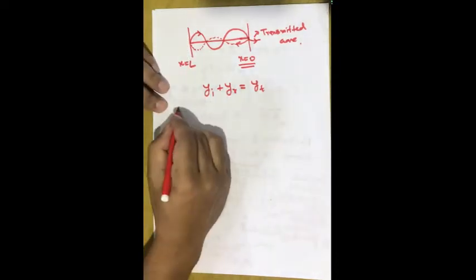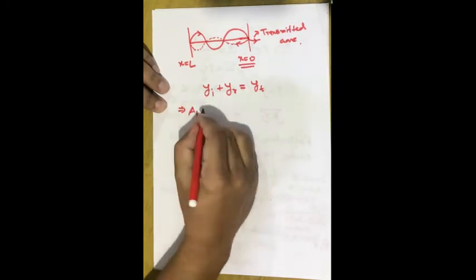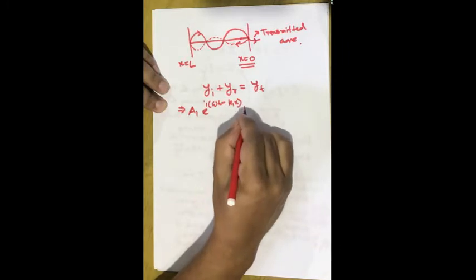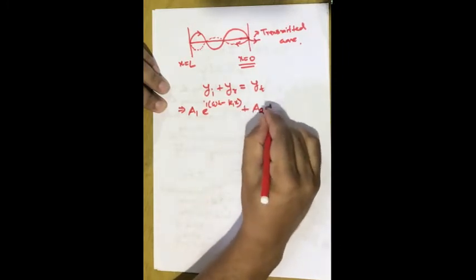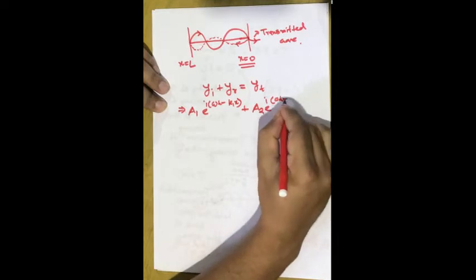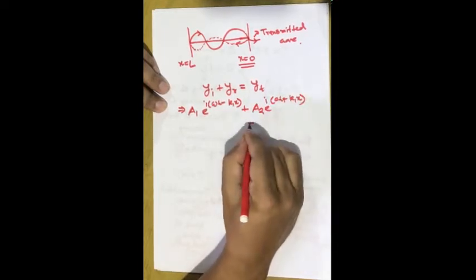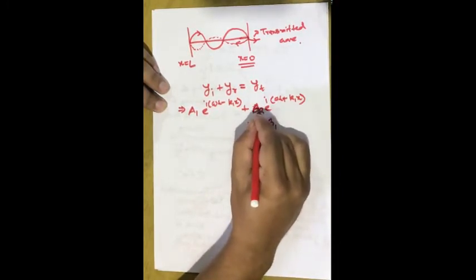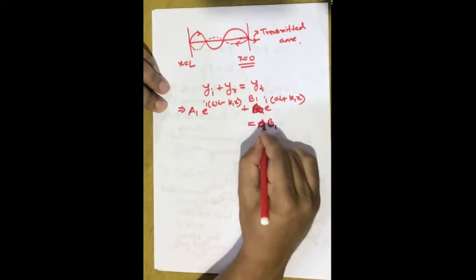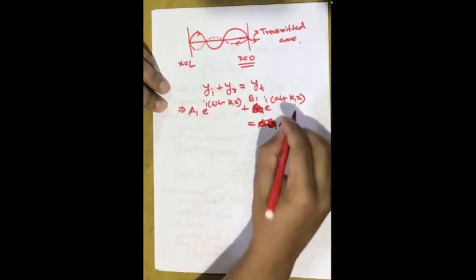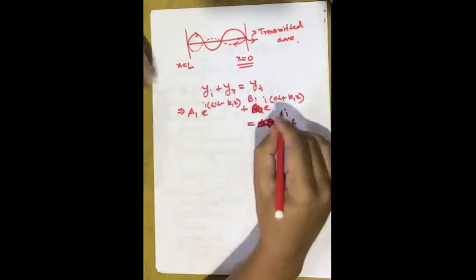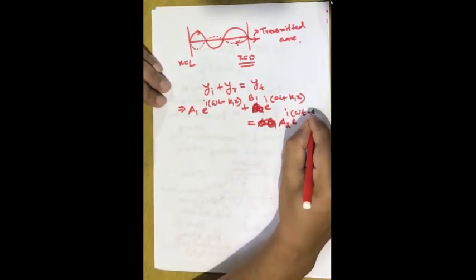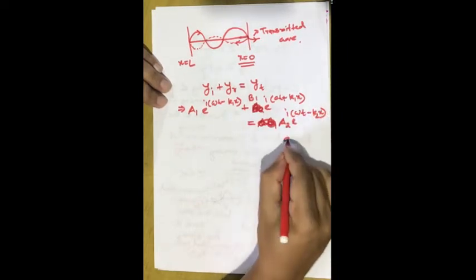So we can write a1 e to the power i omega t minus k1 into x, plus b1 e to the power i omega t plus k1 into x, is equal to a2 e to the power i omega t minus k2 into x, at x equal to 0.